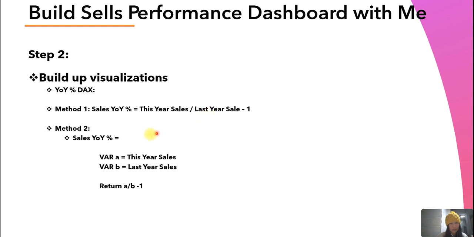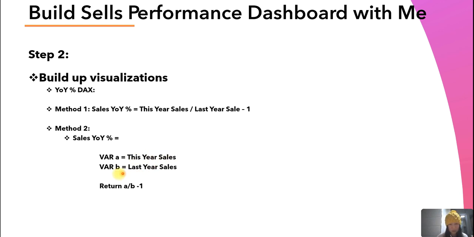So here's another simple way to write the DAX. The content might not be really simpler, but it will be more readable. This is the sales YOY ratio name we give to the measure we created, and then we give two variables. We set variable A, the name of this variable being this year's sales, to be the sum of total sales.